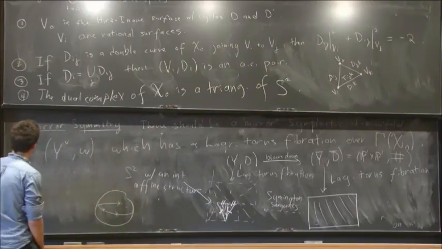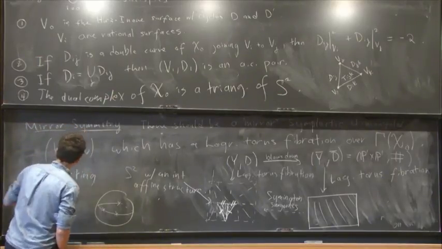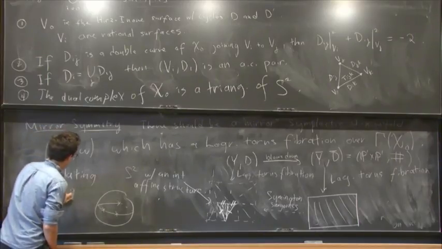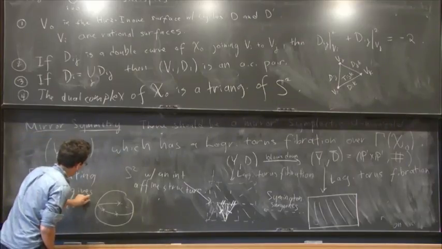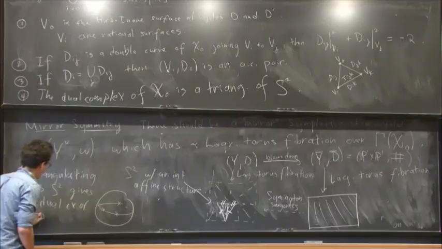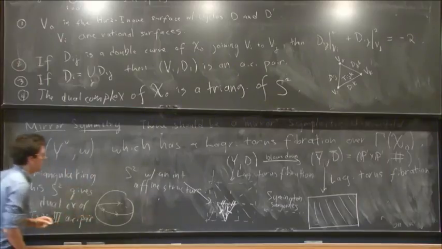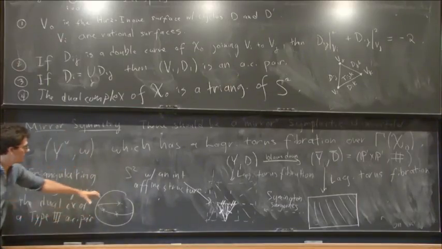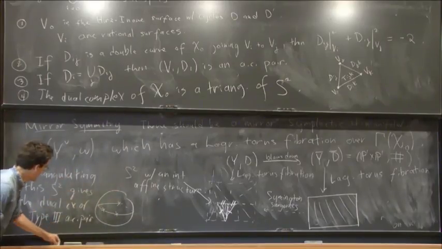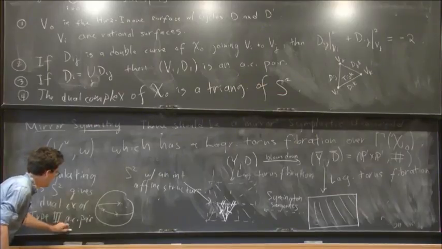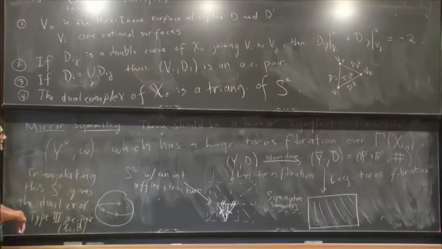Triangulating this S2 gives the dual complex of a type 3 anti-canonical pair. So from this integral-affine sphere, you can explicitly construct a type 3 anti-canonical pair, X naught D, whose dual complex is this sphere as an integral-affine manifold.